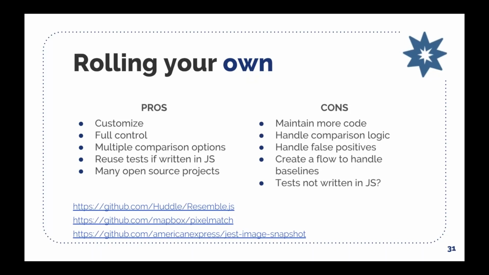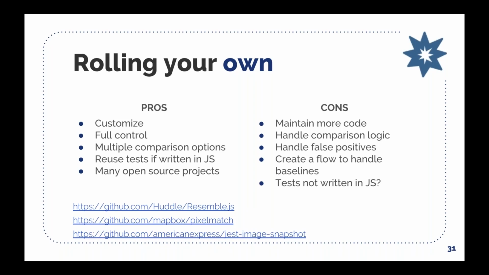The con is that now you had your testing framework, but you need to start maintaining more code. Basically, this comparison logic, handling all the part where you save the files in different folders, in different directories, handling these false positives, like when the scroll bar shows up, what to do. And most importantly, you need to create a flow for how to handle the baselines.